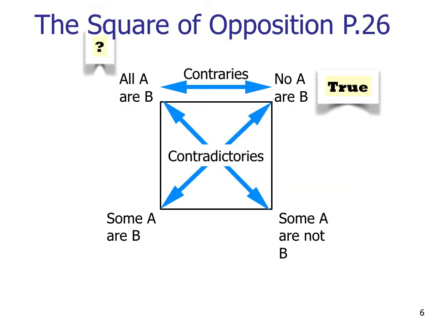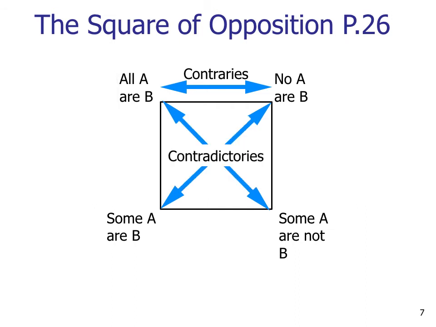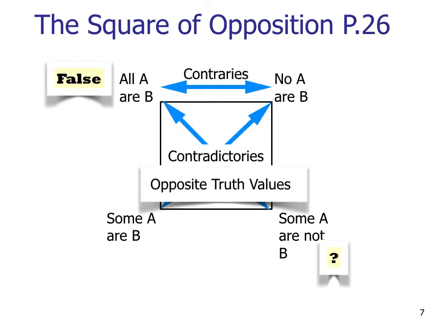All right, if no A are B is true, then all A are B is, well, we see that these are contraries, and if one is true, the other is false. So if no A are B is true, all A are B is false. Okay, if all A are B is false, then some A are not B? These are contradictories, opposite truth values.